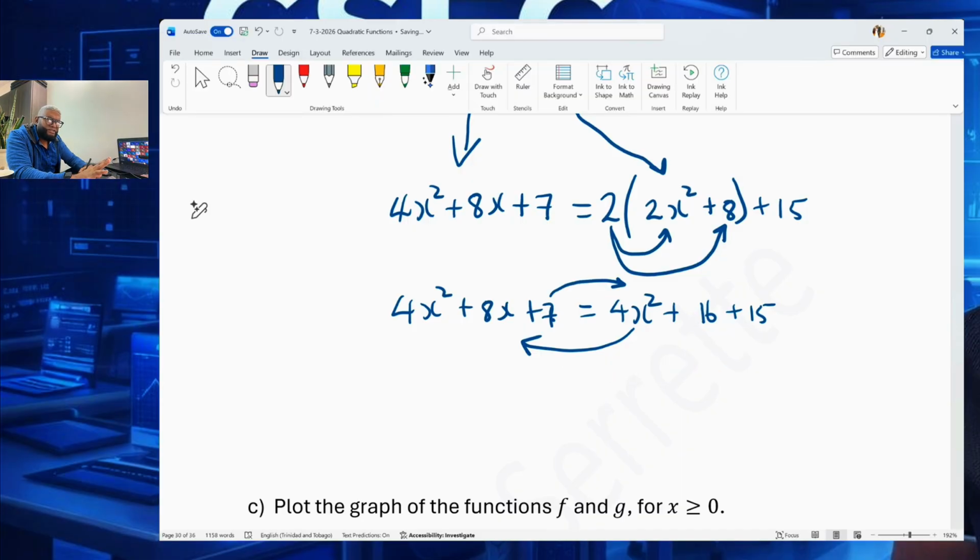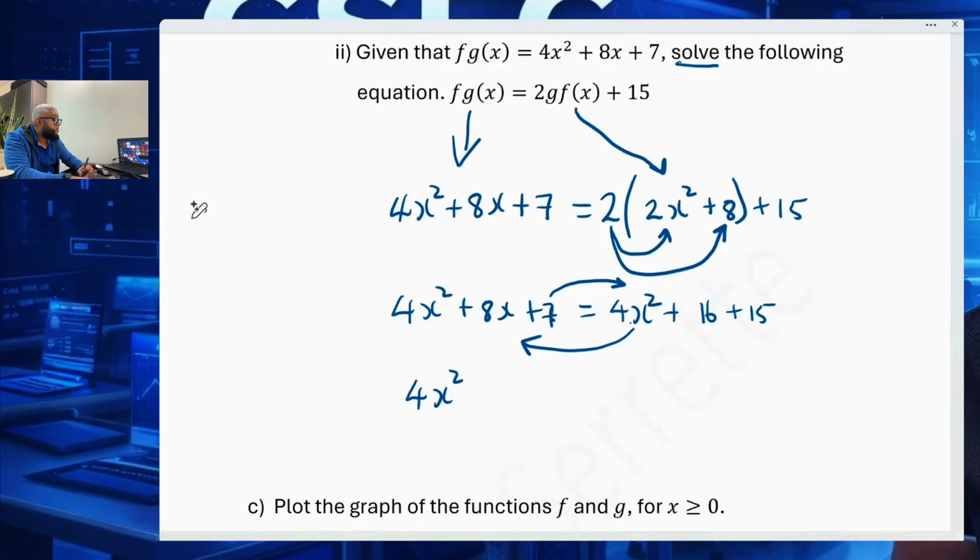The better thing to do is to leave the 16 and 15 on the right and carry the 7 to meet the 15 and 16. So I'm going to put 4x squared, which when it comes to the left becomes minus 4x squared, so that cancels out the x squareds. And I still have plus 8x is equal to 16 plus 15, which is 31, minus 7.